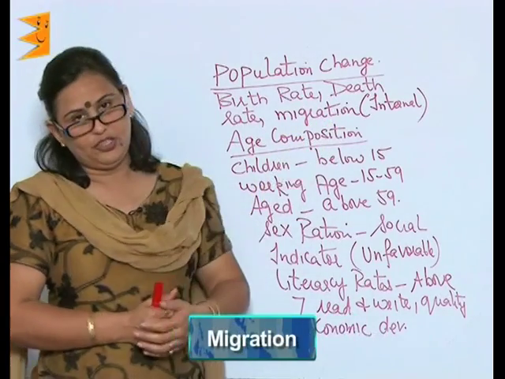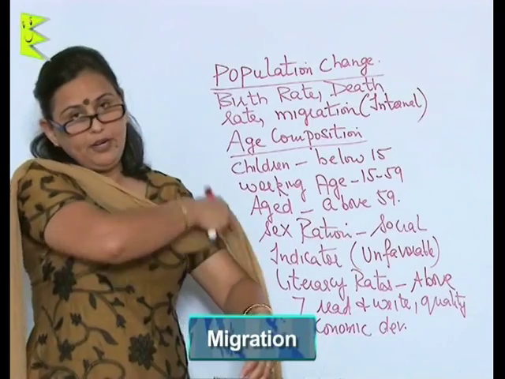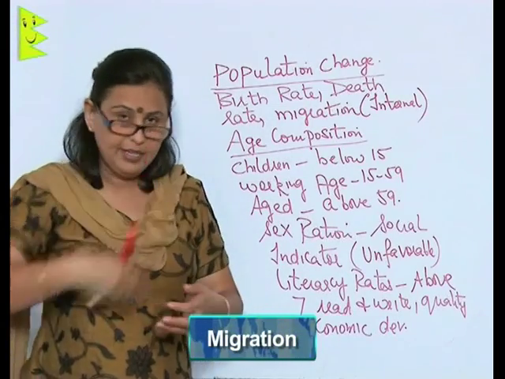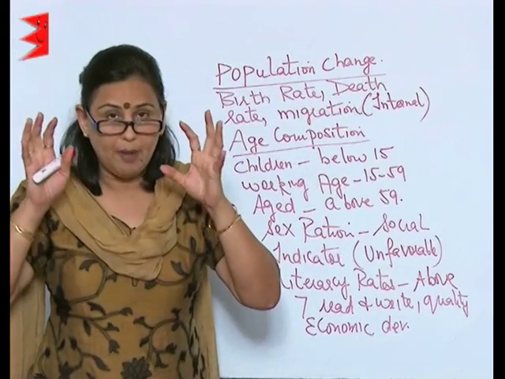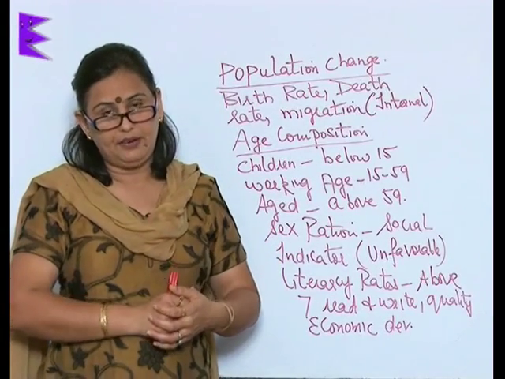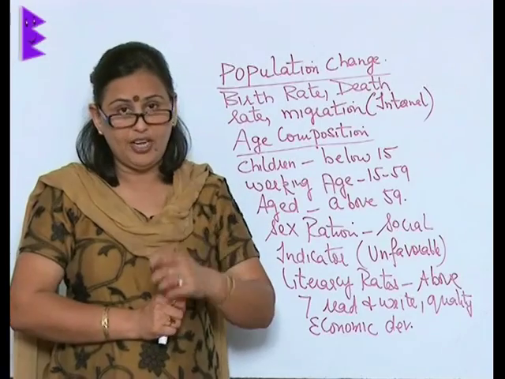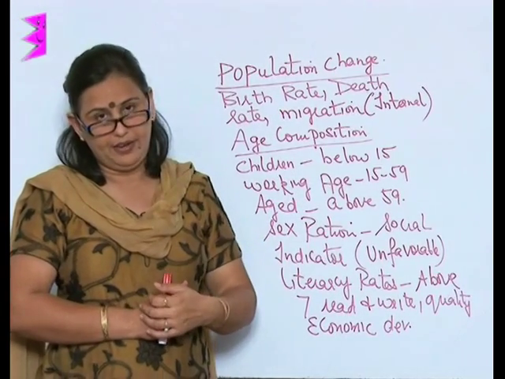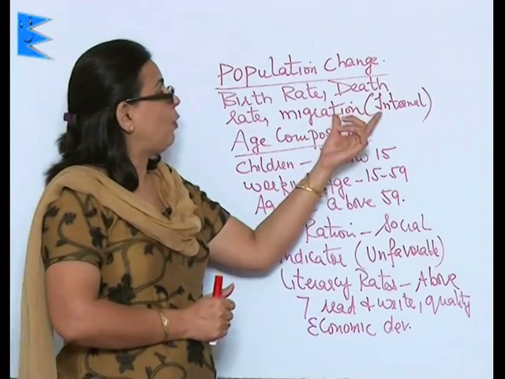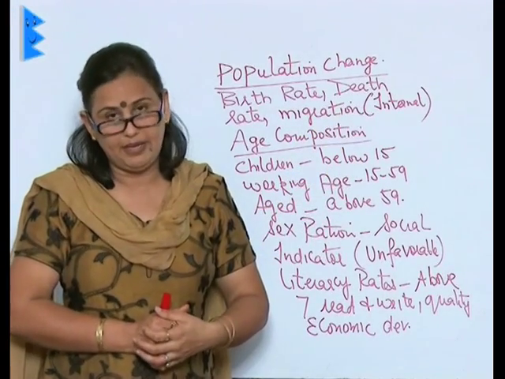Then migration. Simple movement of the people within the country, of course, does not change the number of people living in the country, but it does change the density of the population in an area. But this is when we are talking about internal migration.